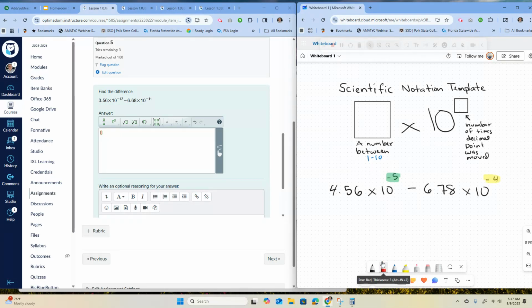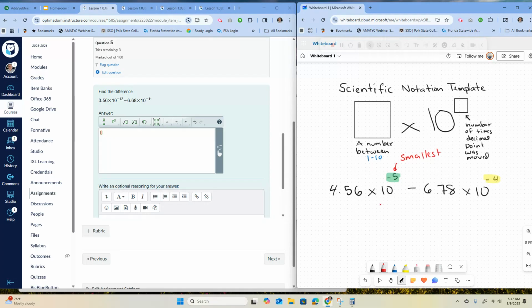Now be careful when you are working with negative numbers. The more negative the number is, the smaller the number is. Negative 5 is more negative than negative 4. Negative 5 is farther away from 0 than negative 4. So the smallest number here is negative 5.